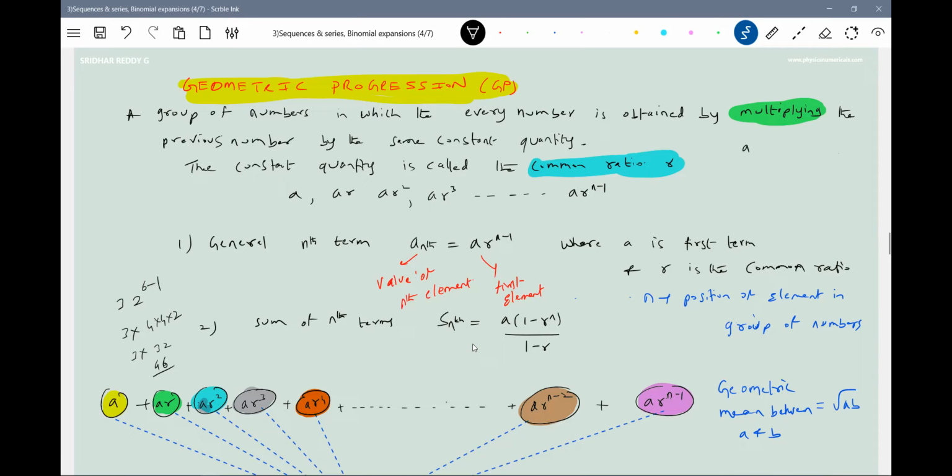First element A is there. I'm going to multiply with R, I'll get AR. Then this I'll multiply with R. AR I'll multiply with R, AR square. AR square multiply with R, AR cube.